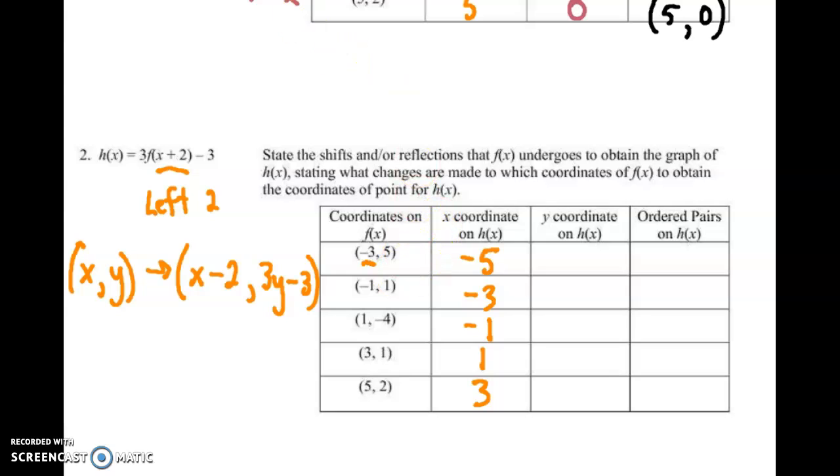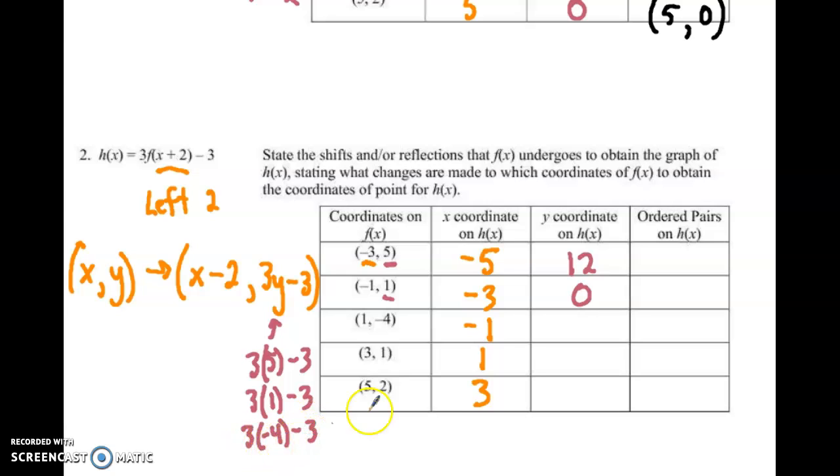But now the y-coordinate is going to be a little bit trickier. So my y-coordinate is 5. So plugging in right here, well, it's 3 times 5 minus 3. So 15 minus 3 is 12. Now I'm doing 3 times 1, minus 3 to get 0. 3 times negative 4 minus 3.